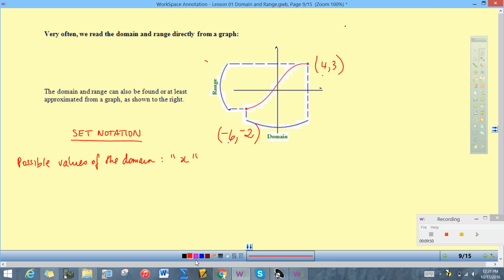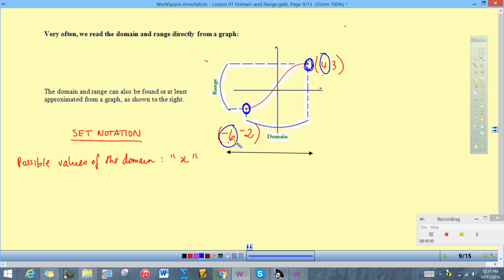So I'm going to be looking horizontally at my graph to see what's happening from left to right. In other words, where are my values of the x starting and where are my values of the x ending? So working from left to right, it would seem that my values of the x start at -6, and they seem to be ending at 4, as shown on my x values of my graph.